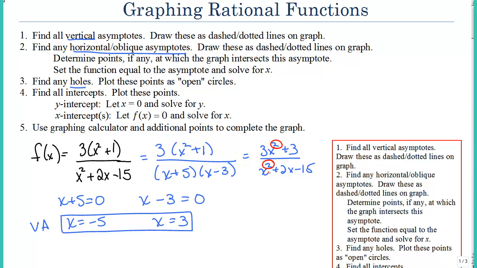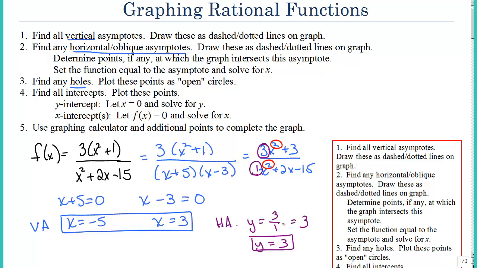And when those degrees are equal, the horizontal asymptote is y equals, because remember it is a horizontal line, the leading coefficient divided by the leading coefficient. So 3 over 1 or just 3. If you have a horizontal asymptote, you cannot have an oblique. So we're done with that.